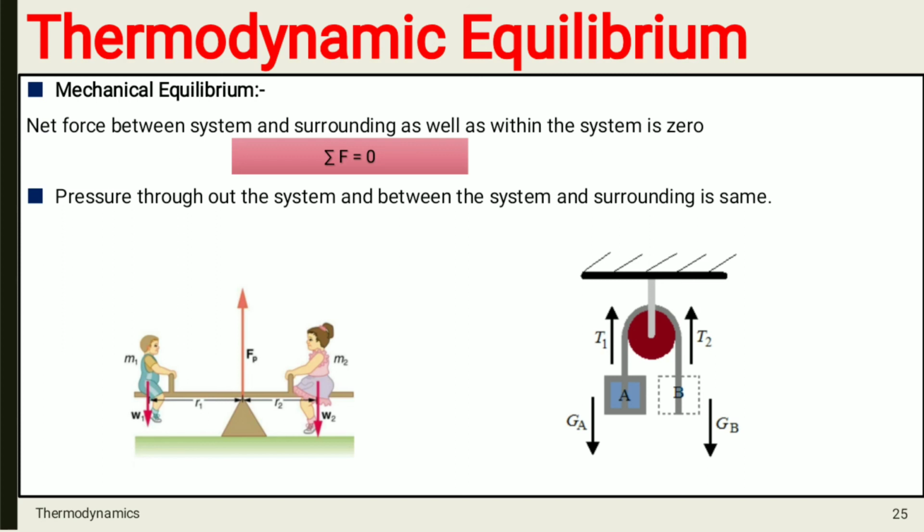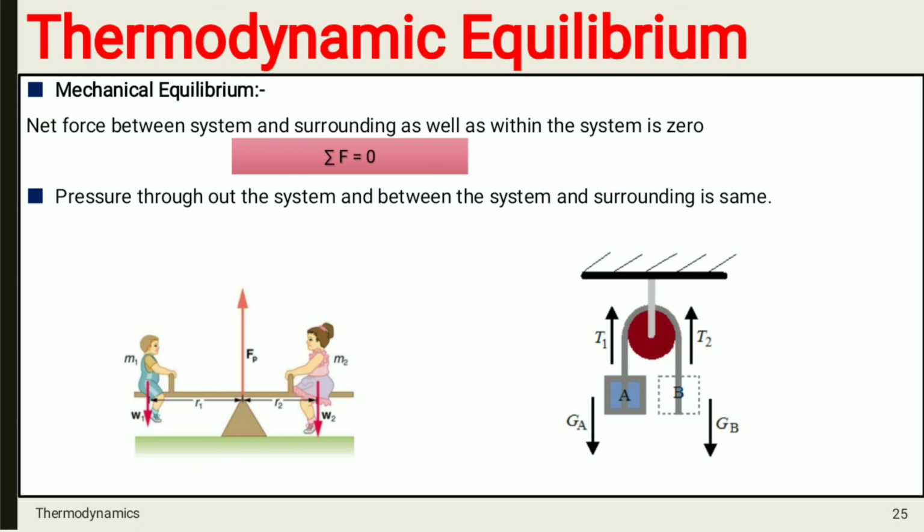So, what is meant by mechanical equilibrium? As you can see in the two images on your screen, in the first figure you can see a seesaw and in the second a pulley, where the two masses M1 and M2 are the same, or you can say the net force acting on that seesaw is equal to 0.